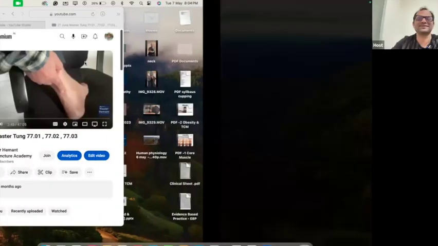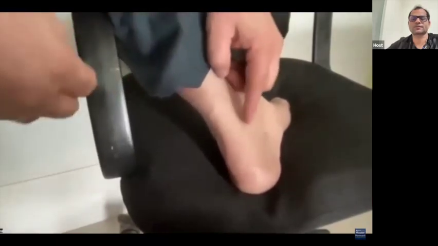Let me show you, look at this. The name of this tendon is Achilles tendon, and we have to put the needle inside the tendon. If you want to put the needle on the kidney, you will be putting here.